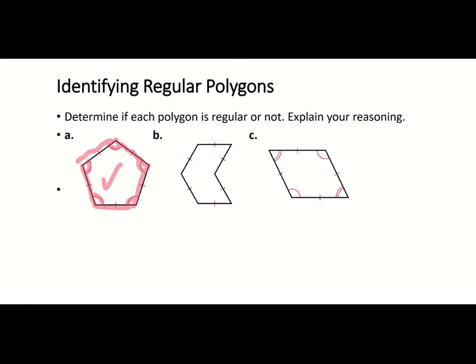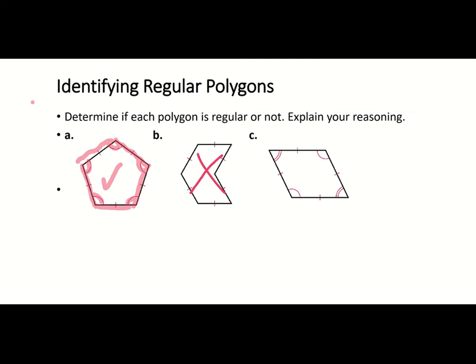Now B, all the sides are the same length. They're marked all with 1 tick mark, but they don't tell me anything about the angles. And this is where you don't really want to assume. It doesn't appear that way, but we're not assuming. If they're not marked, this is not a regular polygon.